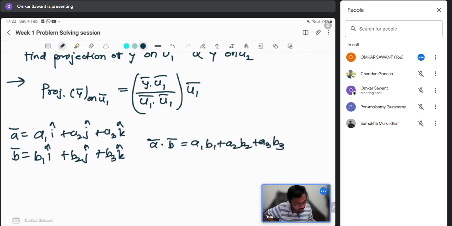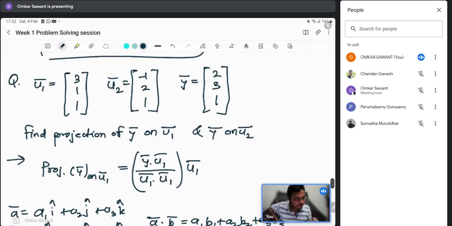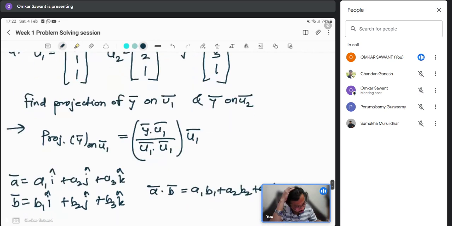So what will be y bar dot u1 bar? We are finding the projection of y on u1, right? Are you getting my voice? Yes, sir. Okay. What will be the value of y bar dot u1 bar?